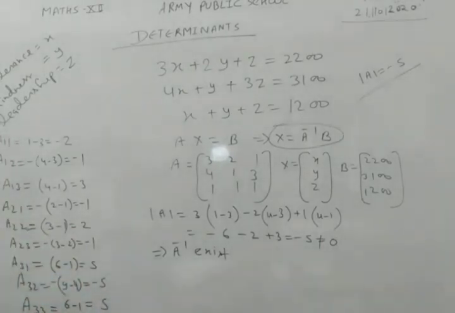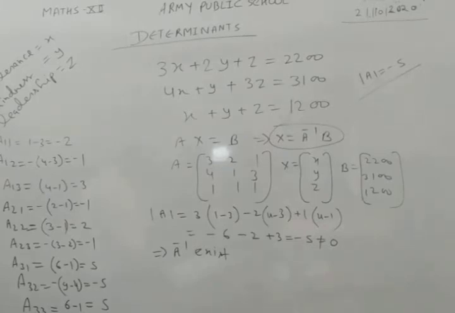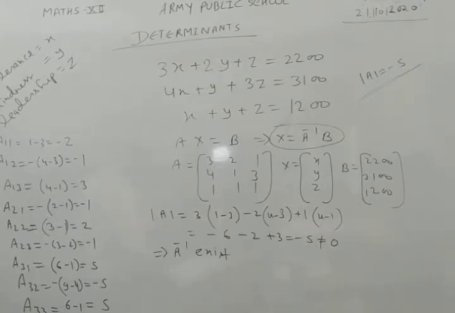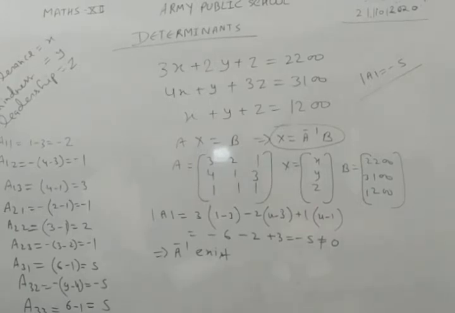Now what we have got: A11 is minus 2, A12 is minus 1, A13 is 3, A21 is minus 1, A22 is 2, A23 is minus 1, A31 is 5, A32 is minus 5, A33 is minus 5.